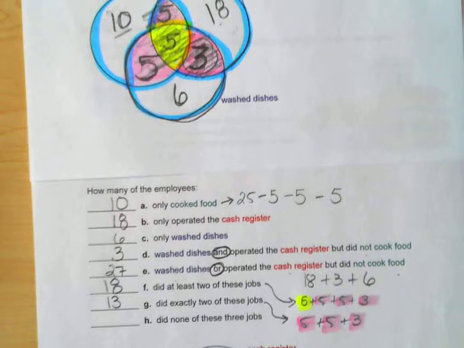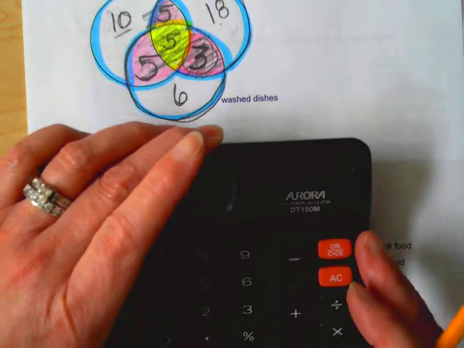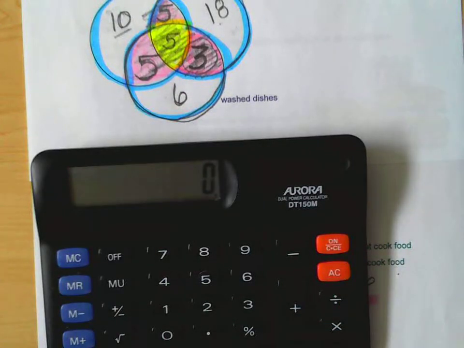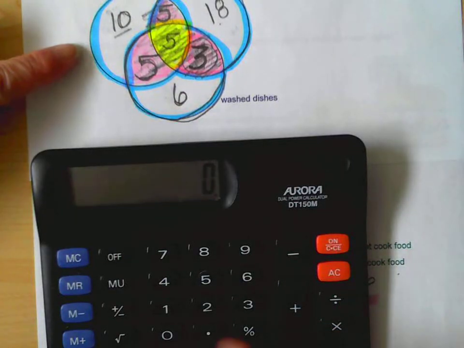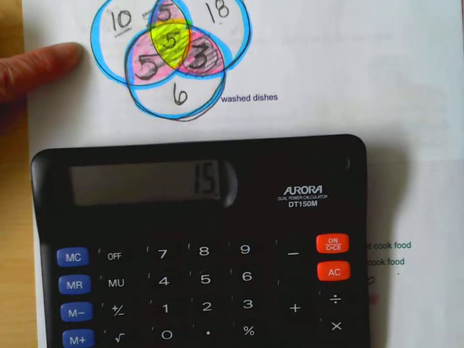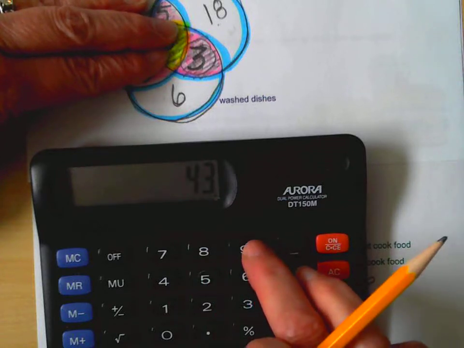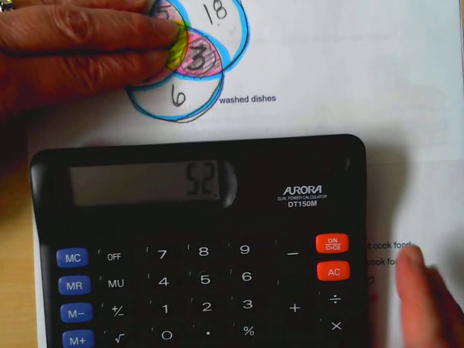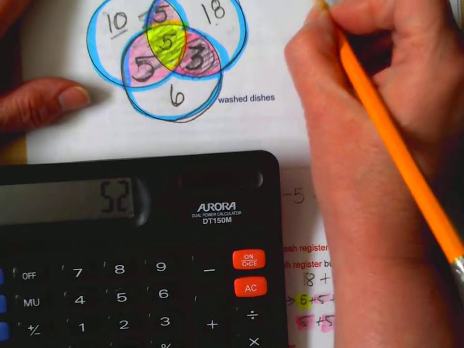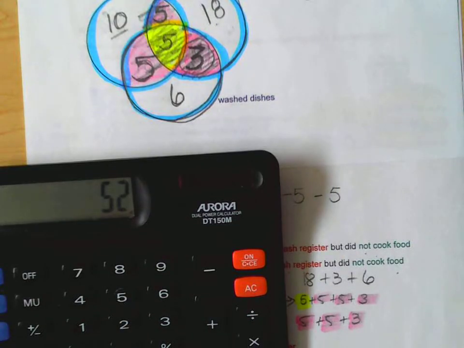And finally, how many did none of these jobs? Well, let's see how many are included already, because if you recall, we had 50 participants, and we have 10 plus 5 plus 5 plus 5 plus 18 plus 3 plus 6. It looks like there were 52 who answered one way or another.